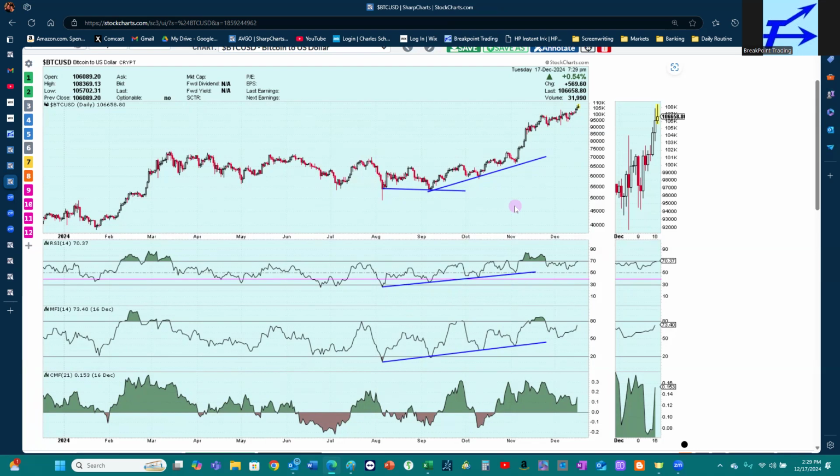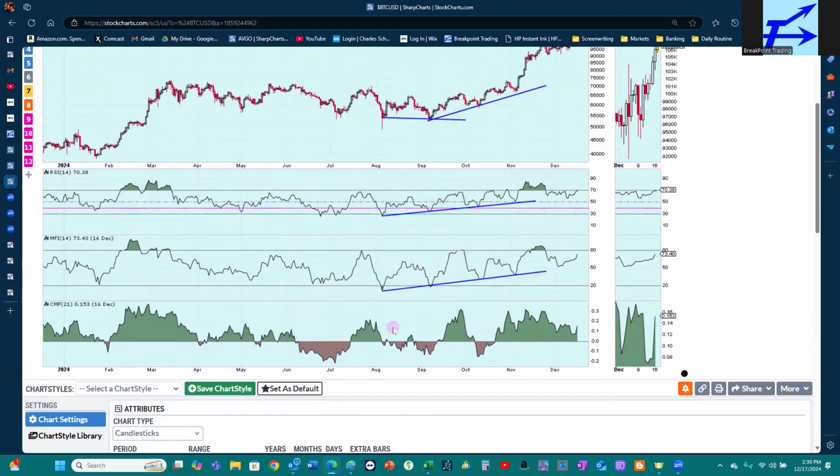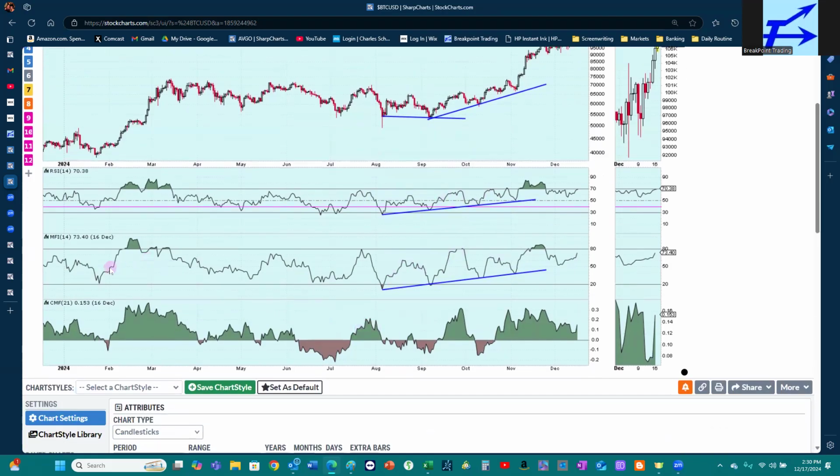You'll just get confused and they will all give you conflicting views. You need to pick the ones that you like, understand how they are calculated so that you understand what it's telling you, and then stick with those. Pick a limited number and stick with those indicators because each one has its own personality. And you have to understand and learn the personality, and that takes time. If you keep switching around, you will never be successful in trying to use indicators.